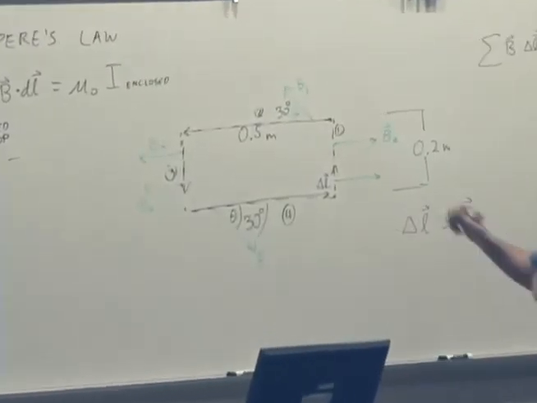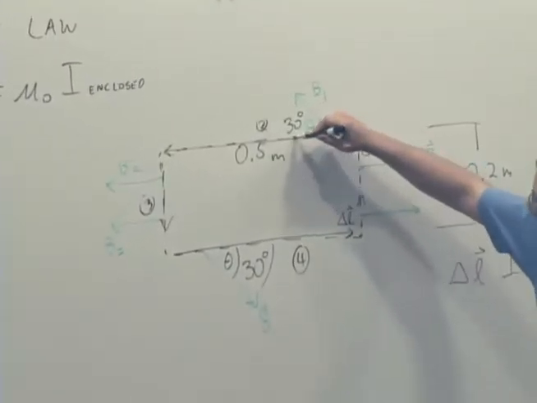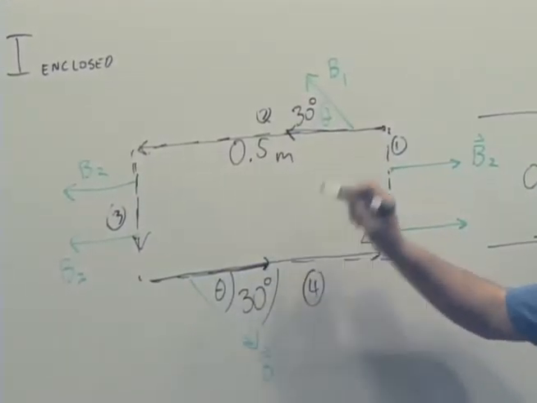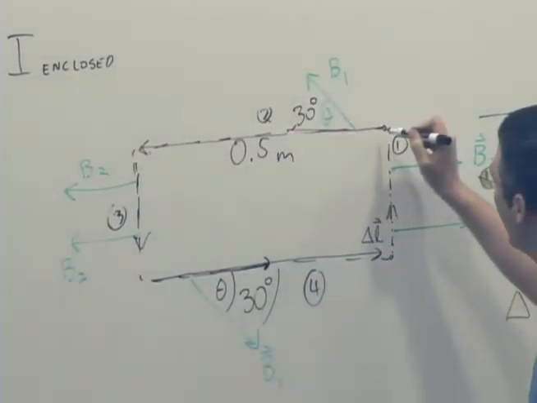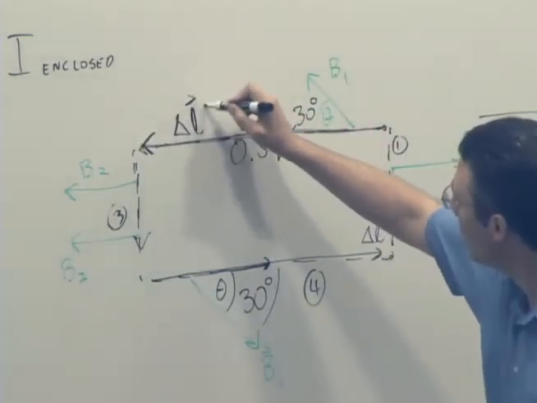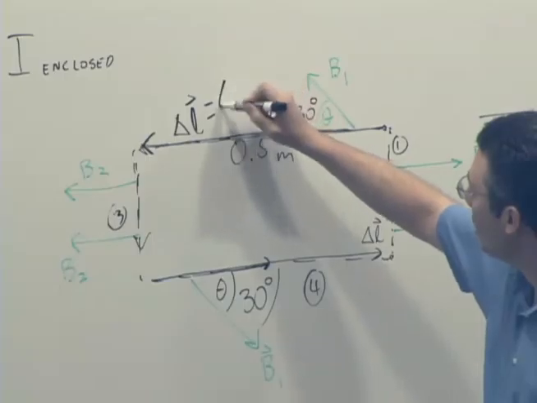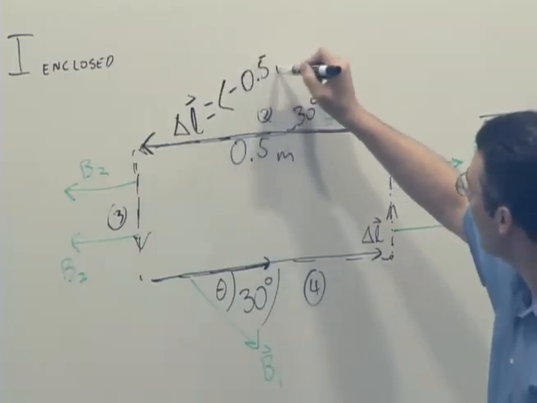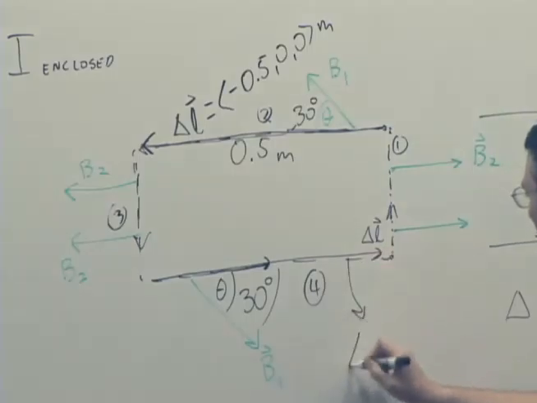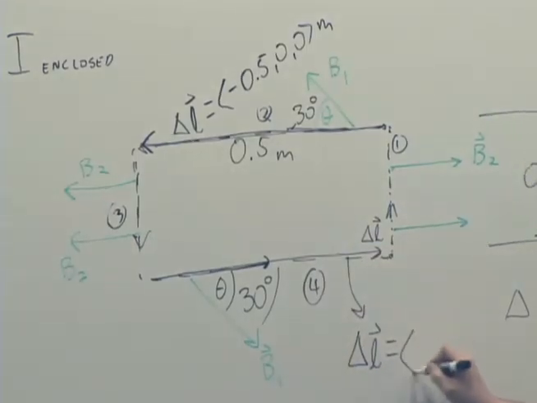Well, because you get a positive contribution at the top, and you get a positive contribution at the bottom, because your delta L vector here is in the negative x direction. So that delta L is going to be negative 0.500 meters. Down here, delta L would be positive 0.500.